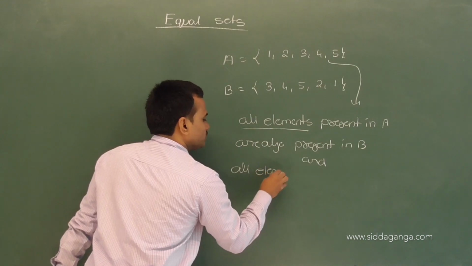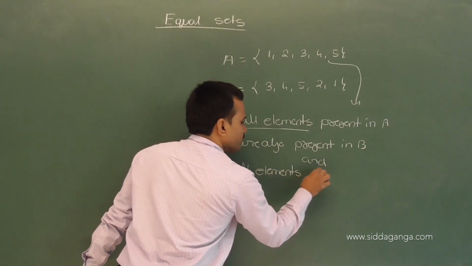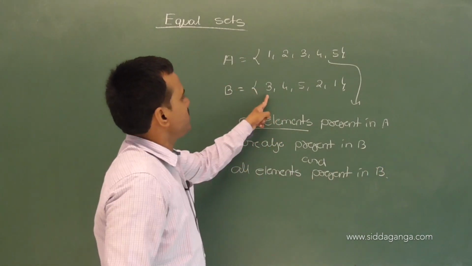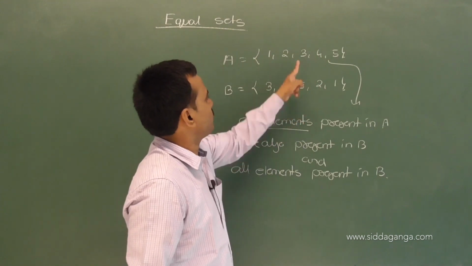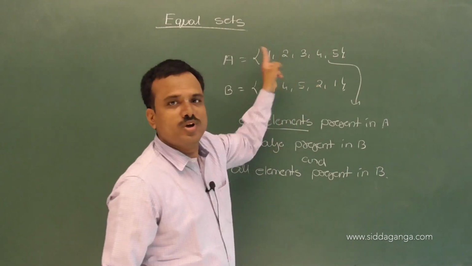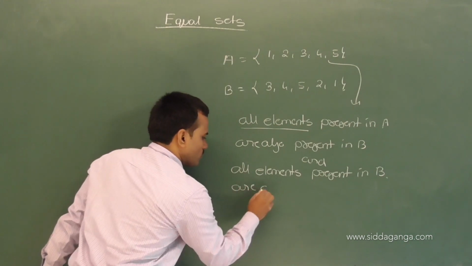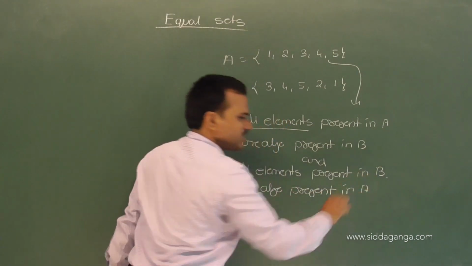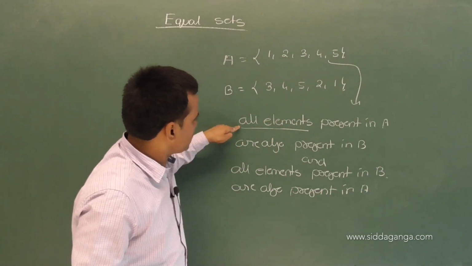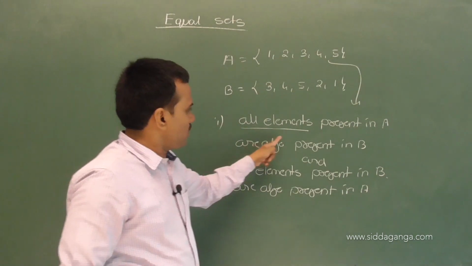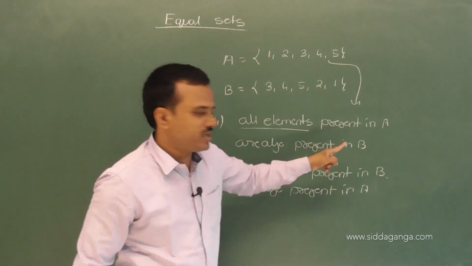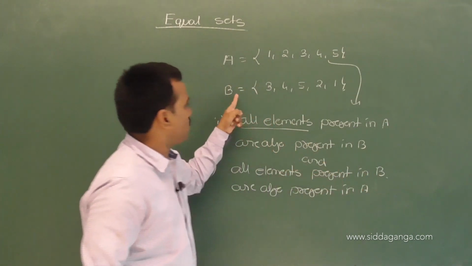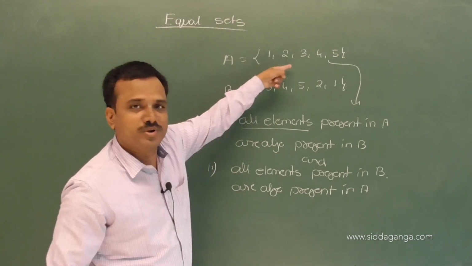All elements present in B, 3, 4, 5, 2, 1, are also present in A. First condition: all elements present in A are also present in B. Second condition: all elements present in B are also present in A.